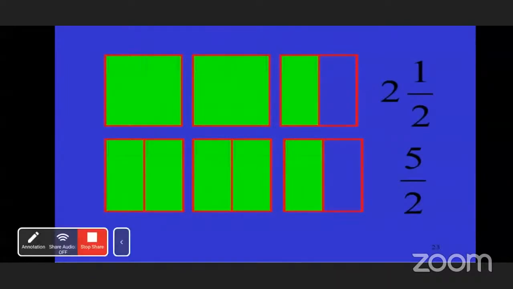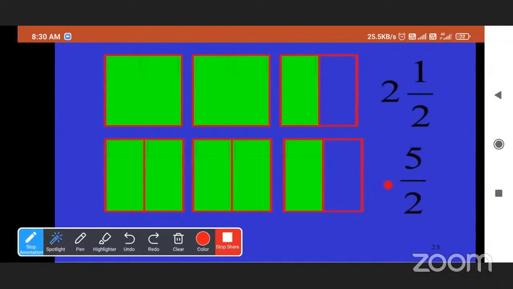So we can write like this, 2 and 1 upon 2 is equal to 5 upon 2. From these diagrams we say that 2 and 1 upon 2 is equal to 5 upon 2.